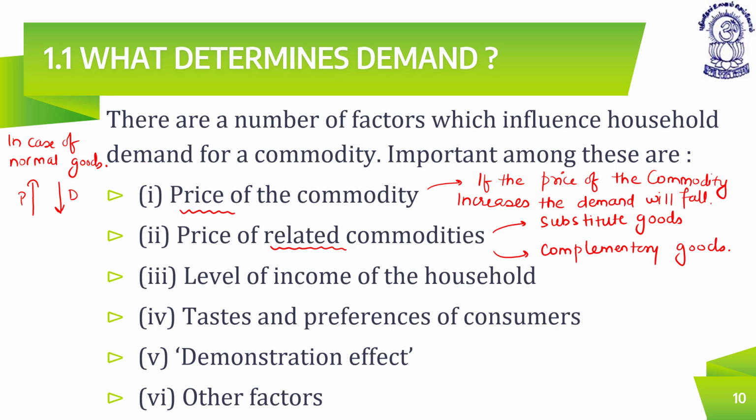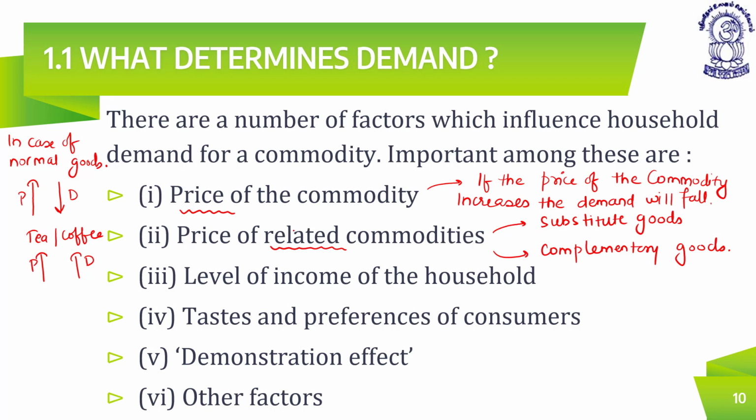So, supposingly, in case of substitute goods, what happens? Tea or coffee. Supposingly, the price of tea will increase, so the demand for tea will fall. And because the demand for tea will fall, the demand for coffee will increase.